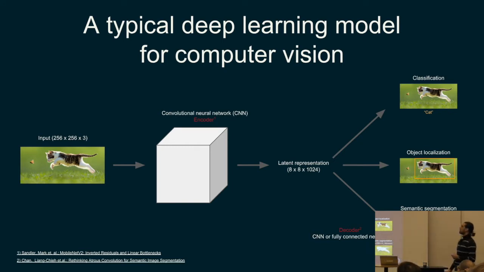And most architectures for computer vision could be thought of as 2 steps. So first you have an encoder where you take your input image, you transform it into some kind of latent representation of this image, which typically will have a much lower resolution, but a much higher channel count.